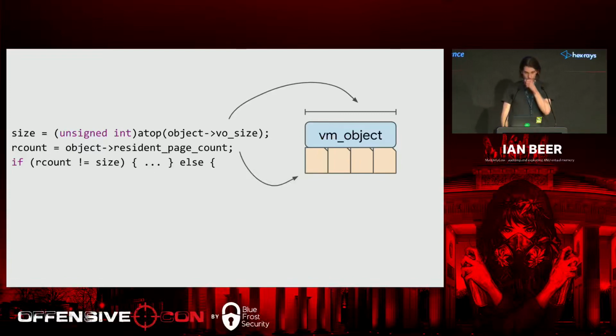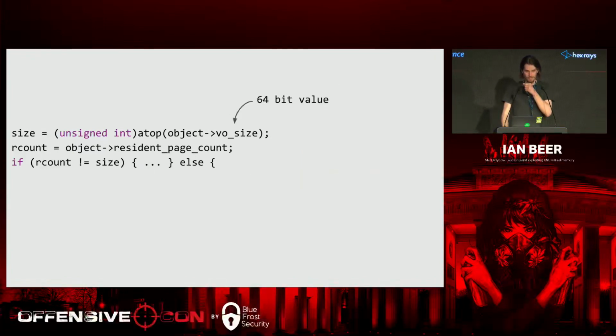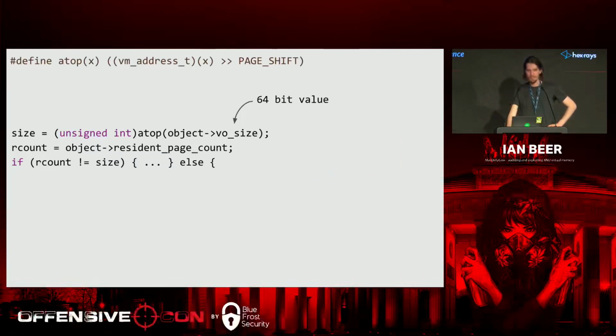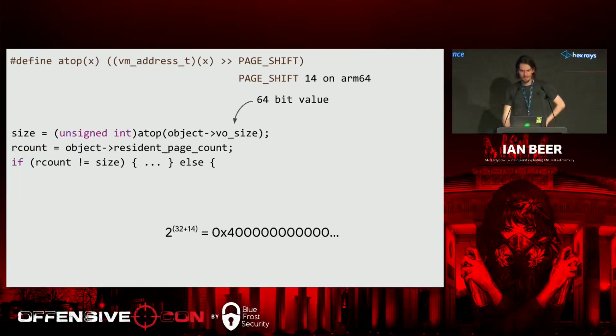Now, of course, when we look at these things a bit more closely, VO size is actually a 64-bit value, and A to P just shifts that value down by page shift, which on an ARM64 device is 14 bits, which means that, well, 2 to the 32 plus 14.